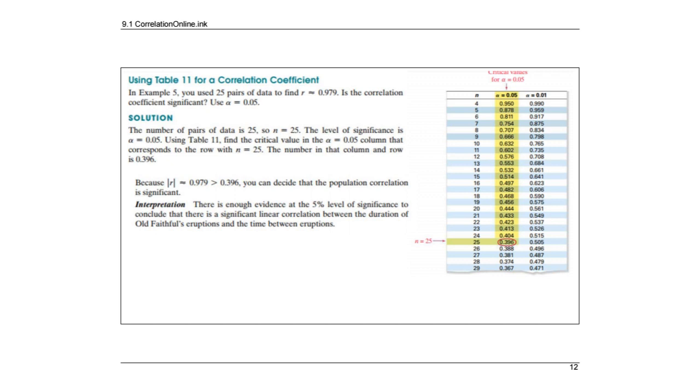Actually, it looks like we have one right here, so let's take a look. From this problem, we know that n is equal to 25. It says I used 25 pairs of data, and my R was approximately 0.979. That's pretty strong, right? They want to know, is the correlation coefficient significant?